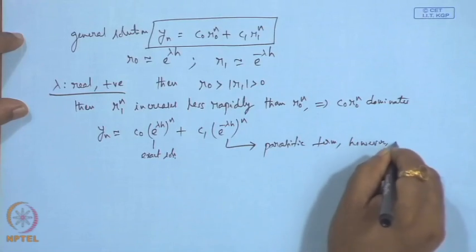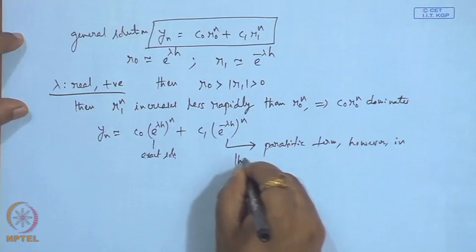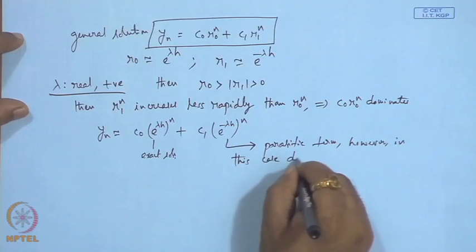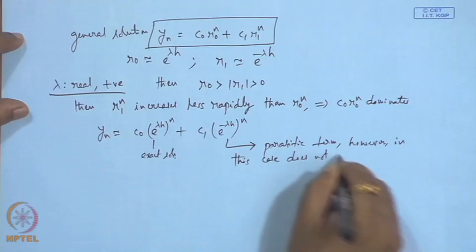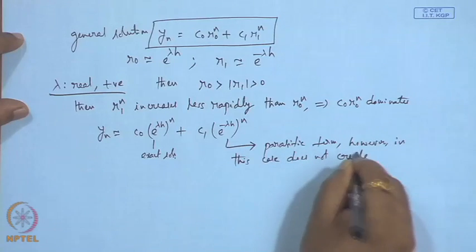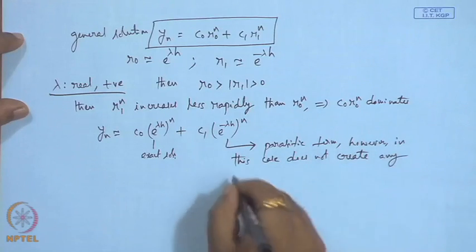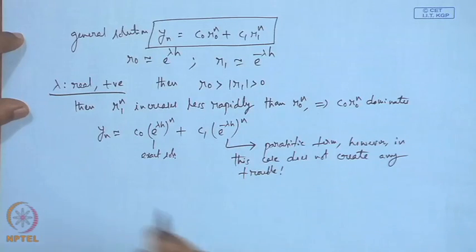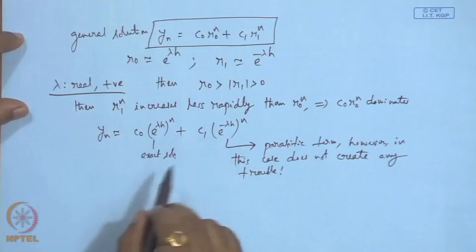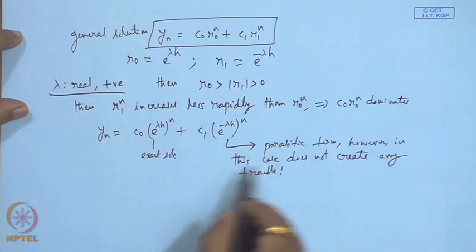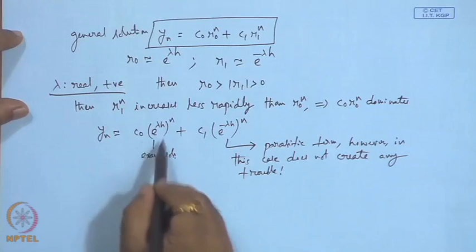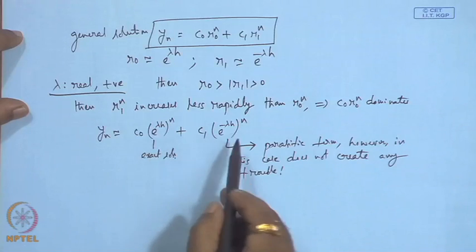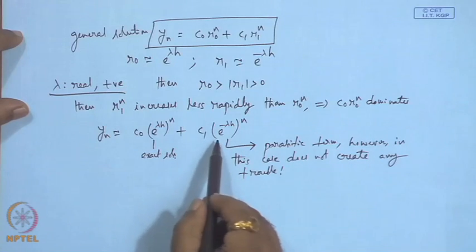However, in this case it does not create any trouble. So, why do we call this parasitic term and then why we conclude all this? Of course, this is the exact solution for the given equation, but this is an extra.